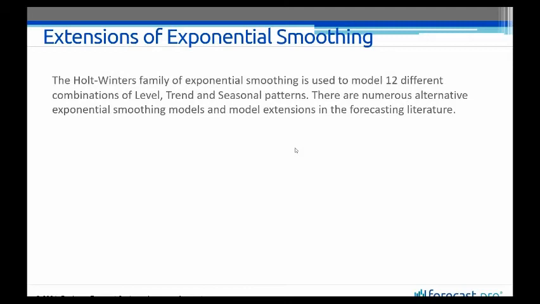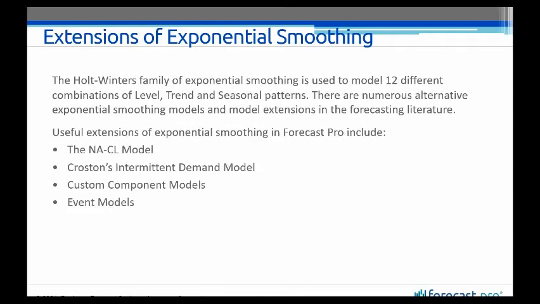In essence, the Holt-Winters model really is the full spectrum of exponential smoothing. That said, while it is extremely useful, there are also a lot of extremely useful extensions to that Holt-Winters family. We're going to talk briefly about 4 of those, and all of these extensions are included in Forecast Pro.